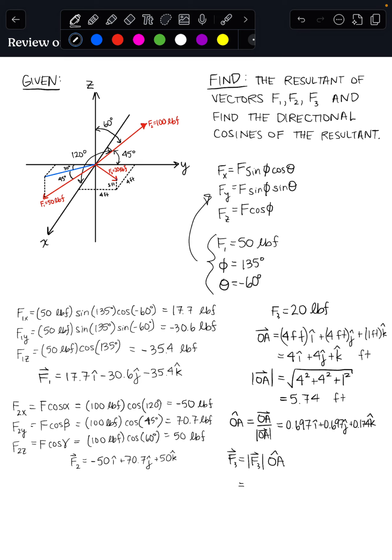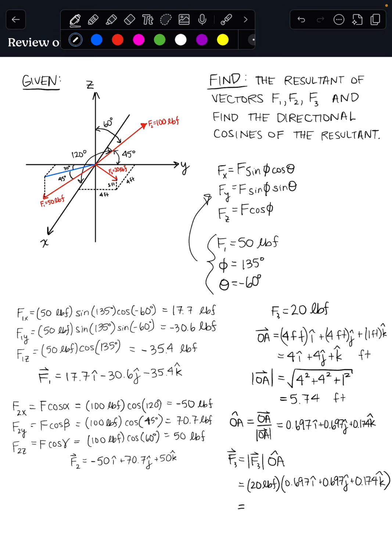So that's going to be 20 pounds times my unit vector, 0.697 i hat, 0.697 j hat, 0.174 k hat.